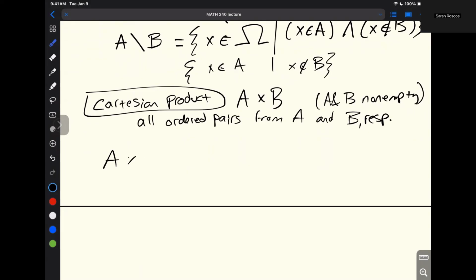So A, backslash times B, is equal to the set of all ordered pairs.